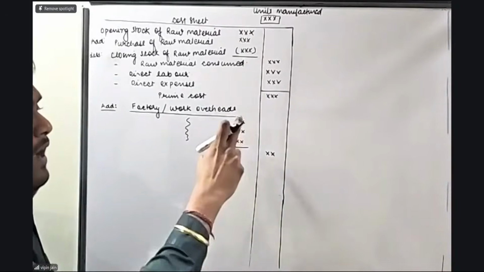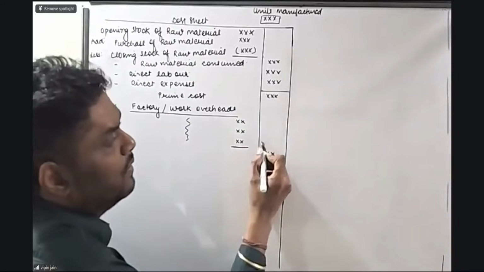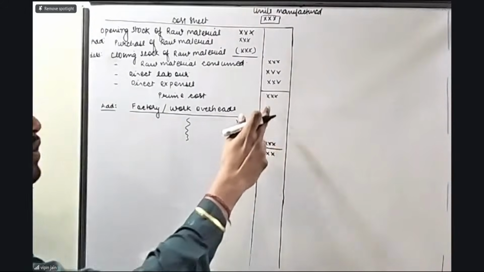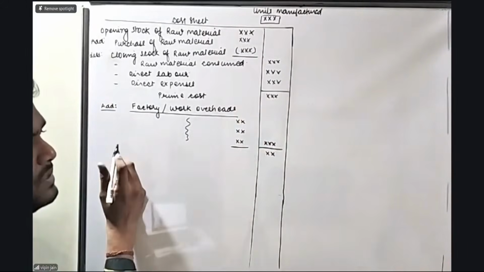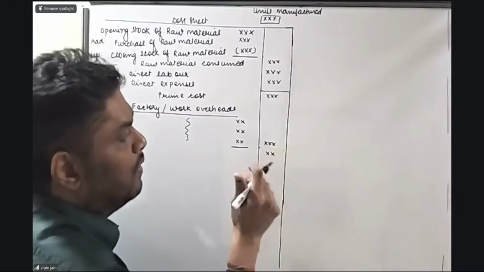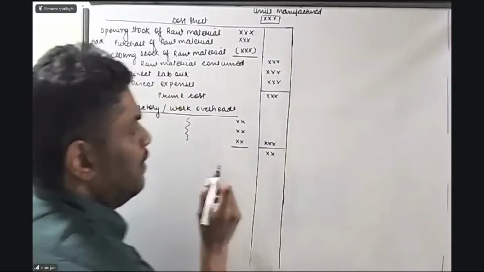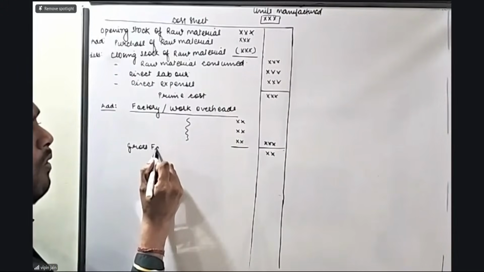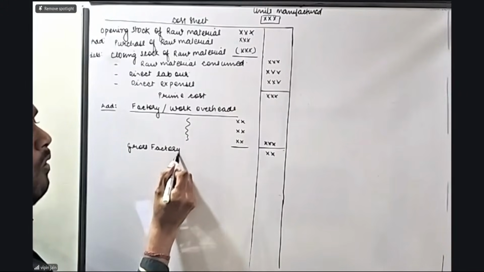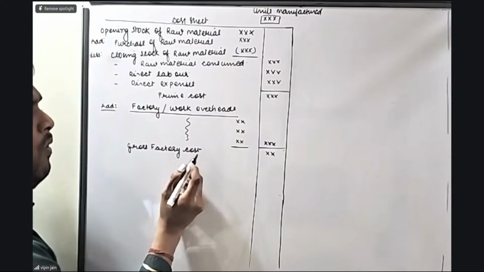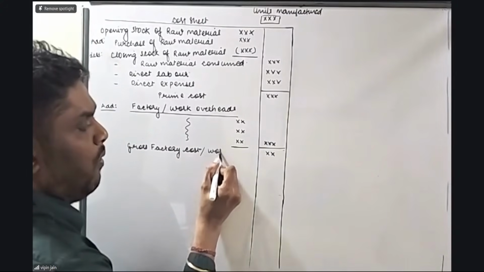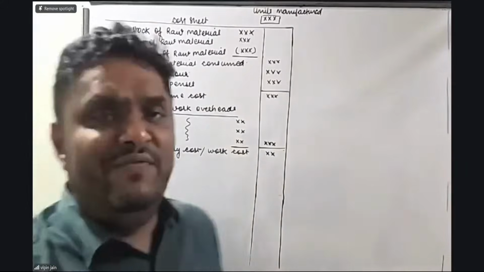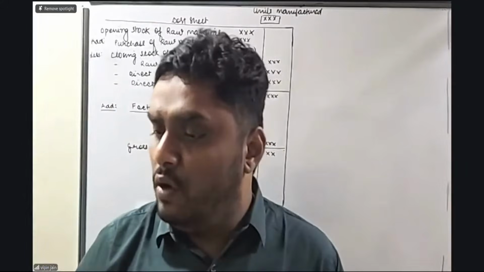So after adding all these items, we will be getting the gross factory cost or gross work cost.